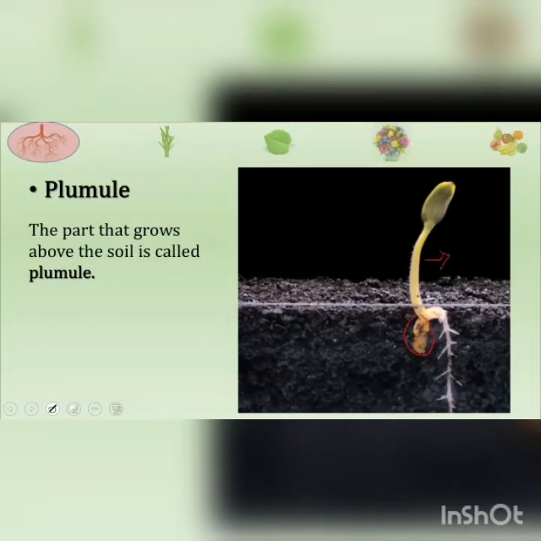It is called a plumule. And the part that grows below the soil from the seed is called radicle. These are the important concepts related to the growth of the plant.